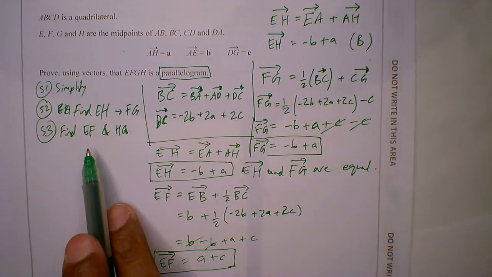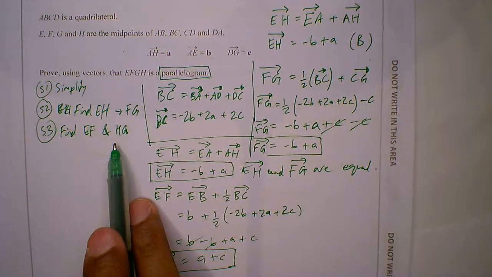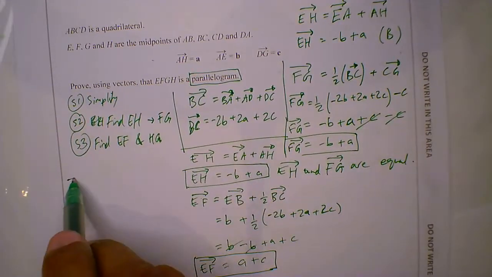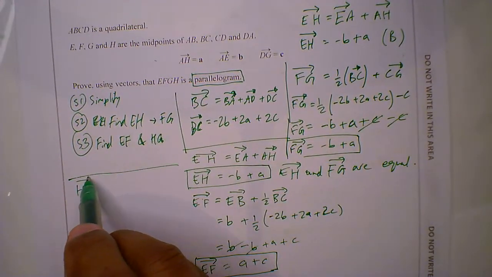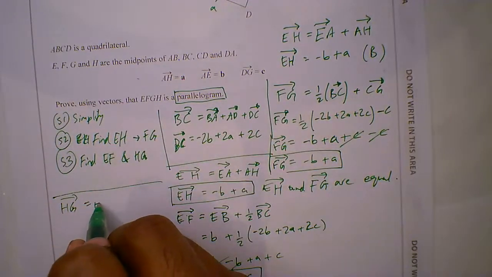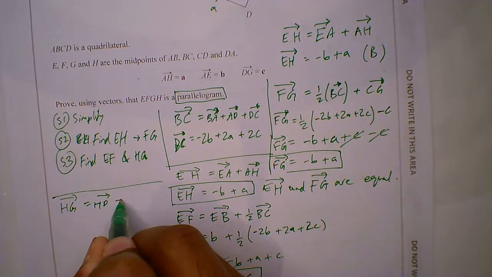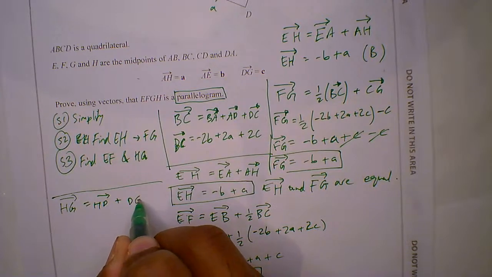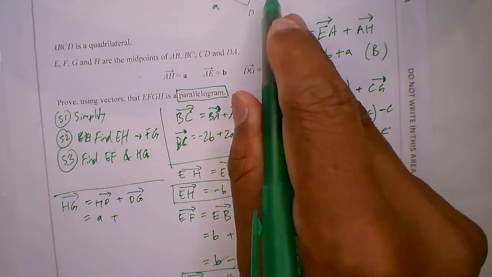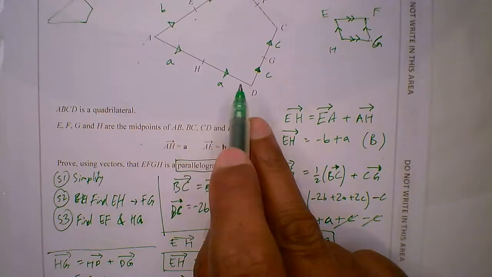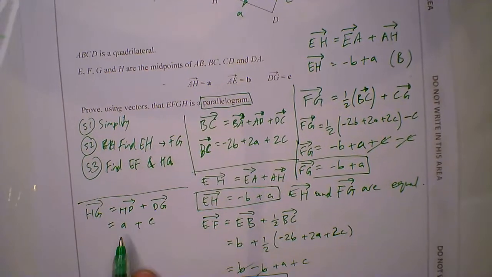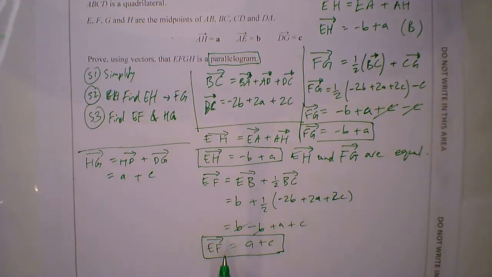So I've got EF. Now I need to show H to G. H to G is just H to D and then D to G. H to D is A, D to G is C. So you can see A plus C, they're the same.